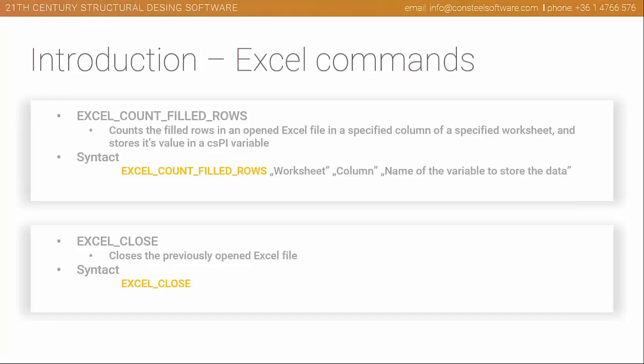And then we have an Excel close command, which will close the opened Excel file, and that's all it does. So these are the commands available yet in ConSteel 11. This Excel command package will be expanded in the future, of course.